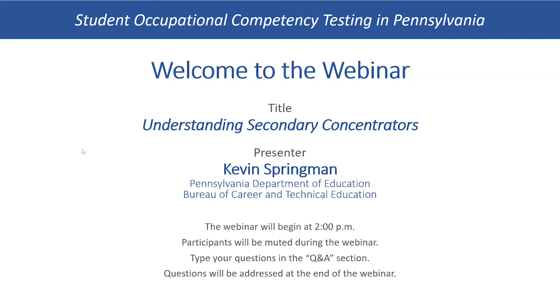So we've gone through the stakeholder meetings. The state plan has been drafted and sent to the governor, and it just has to be acted on by the state board next month.